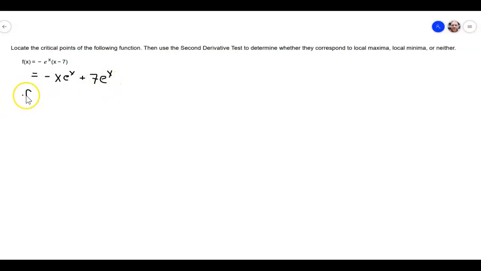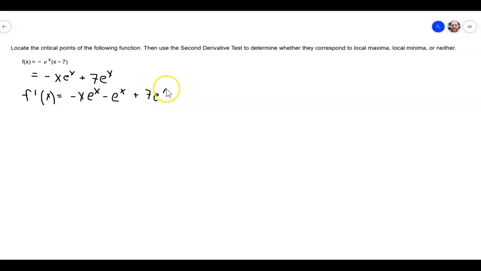So the first derivative here, applying the product rule, you're going to have the first times the derivative of the second, so that's negative x times e to the x, plus the second times the derivative of the first, which is just minus e to the x. And then plus the derivative of 7e to the x, which is just 7e to the x.